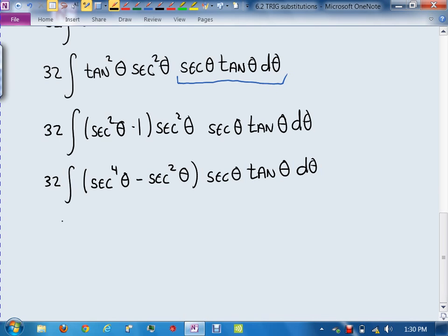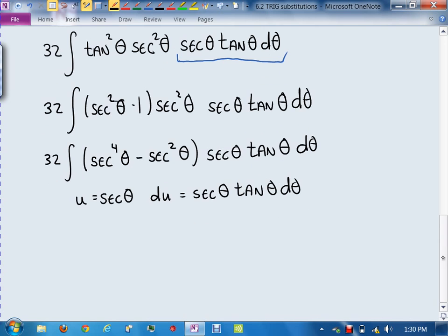All right. I'm going to go ahead and make my substitution. U is equal to secant theta. Du is equal to secant theta tangent theta d theta. And so my new integral becomes 32 integral u to the fourth minus u squared du.